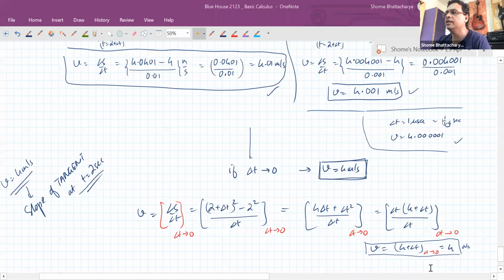Awesome. So it's a bit of an abstract idea because you have to imagine that the distance between the two is so small that it's merging into one point, tending to one point. But there is a way of calculating it, because when we put the condition on the equation that delta t is almost equal to 0, we get that delta s by delta t is equal to 4.